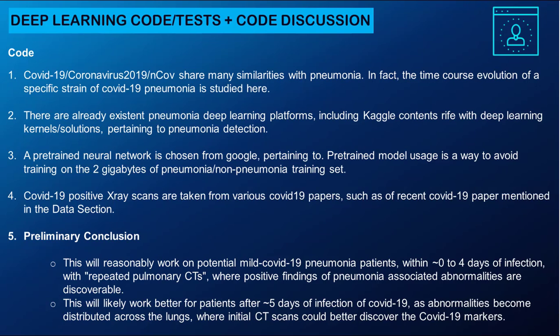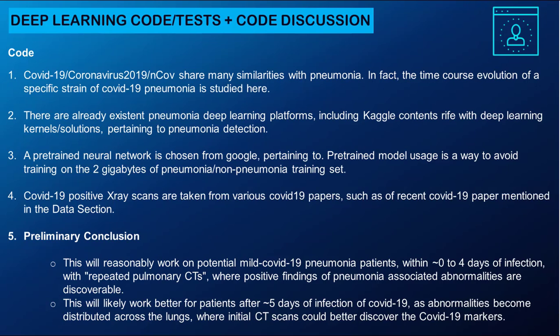COVID-19 positive X-ray scans are taken from various COVID-19 papers, such as the recent COVID-19 paper mentioned in the data section. Preliminary conclusion: this will reasonably work on potential mild COVID-19 pneumonia patients within 0 to 4 days of infection, with repeated pulmonary CTs where positive findings of pneumonia-associated abnormalities are discoverable.